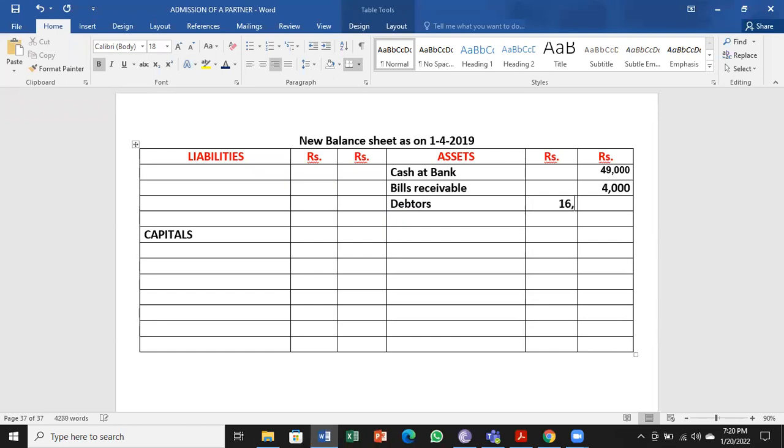Debtors 16,000 less PDD 5%. So outer column 15,200 after deducting PDD.